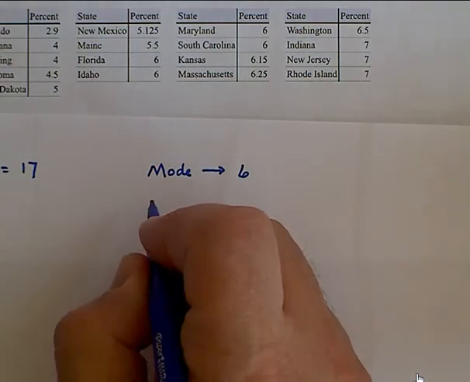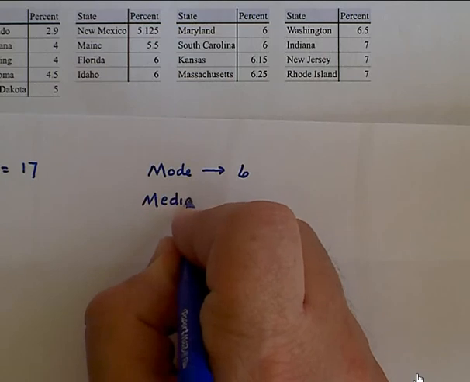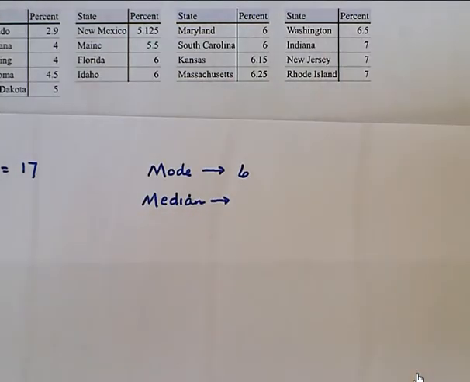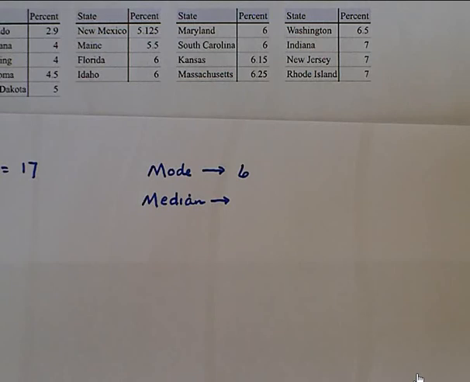Second one I'm going to do is find the median. And the median is the number that's in the middle. Given that there are 17 pieces of information, I know that because it's odd, there is one middle piece.